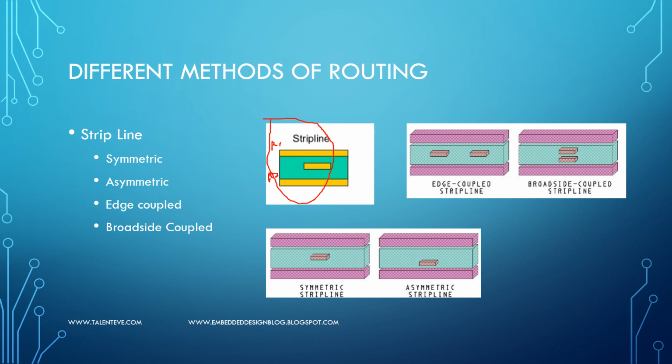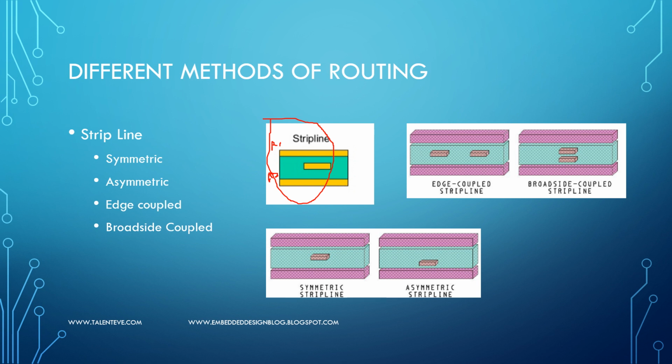The edge coupled is used for differential routing in a strip line topology, and the broadside coupling is used for some RF applications where you want to couple the signals up and down, one above the other, rather than running parallel beside each other, which is the case of edge coupled.